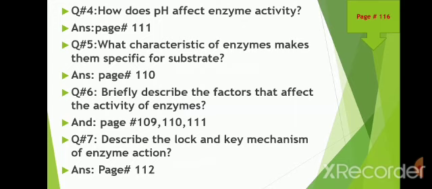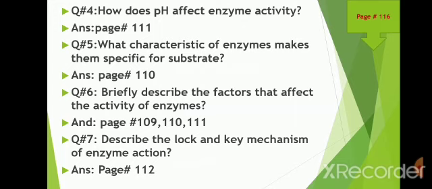For example, if we have 10 enzymes and 20 substrates, reaction will speed up until 10 substrates join with the active sites of enzymes, but the remaining 10 substrates will not increase the rate of reaction because they will not find any active site to bind with. The reaction rate will remain constant.